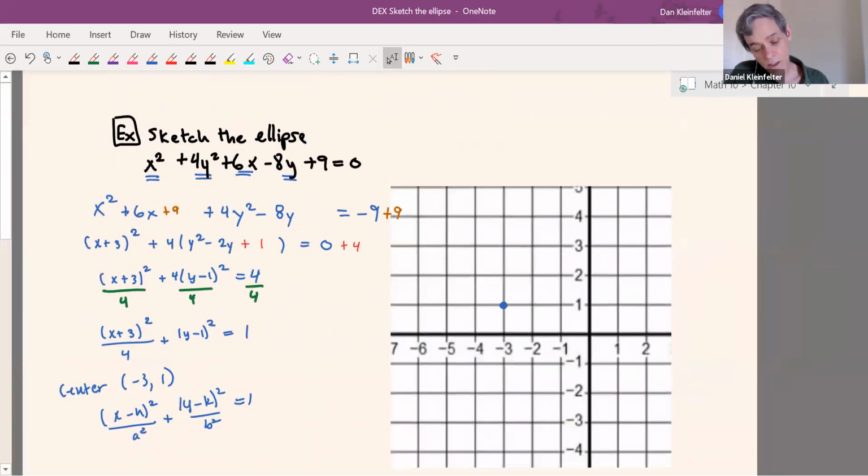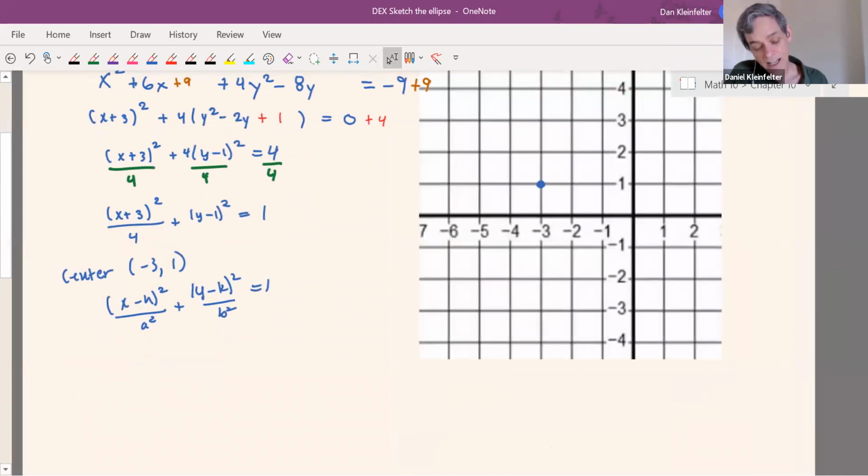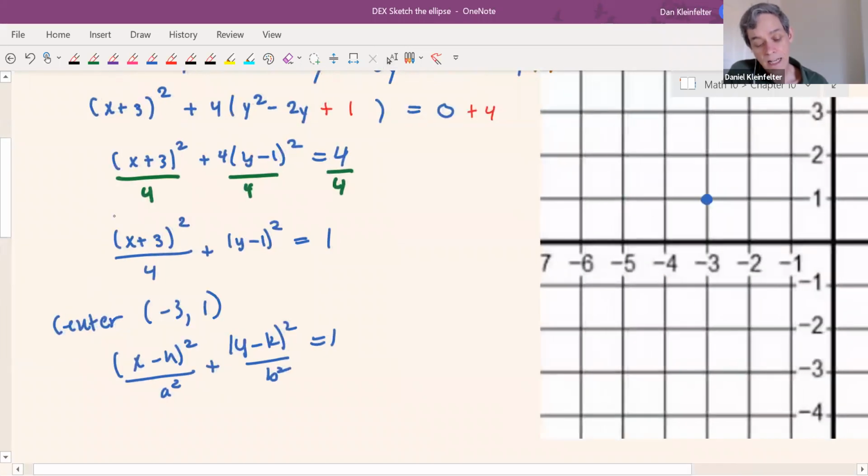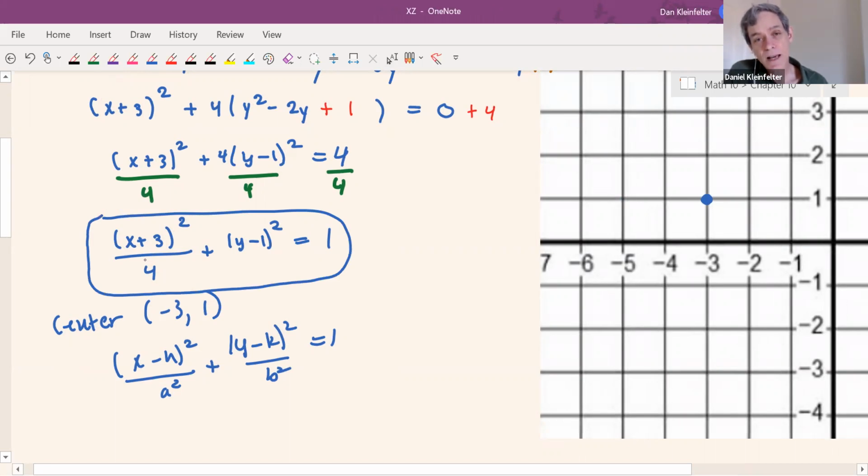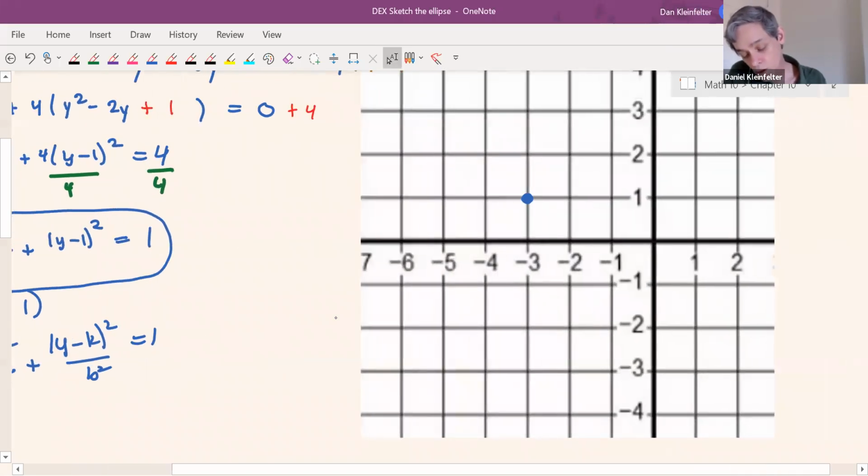What are we supposed to do? Sketch the ellipse. Okay, easy enough. All right, so is this thing taller or wider? Taking a look at the equation after we've rewritten it, the bigger denominator is on the x's, so that means it will be wider in the x direction. The square root of 4 is 2, so we'll go 2 to the right and 2 to the left of center.